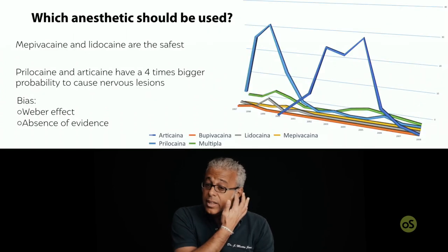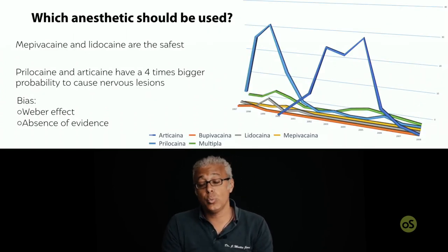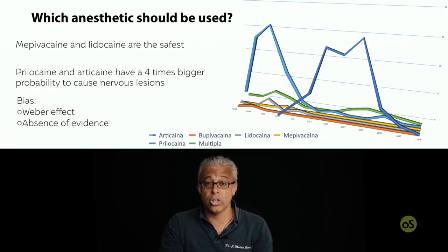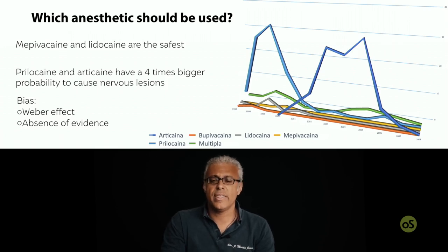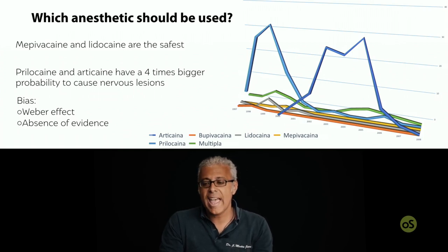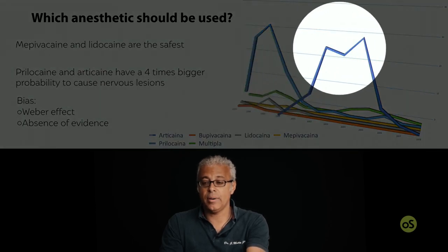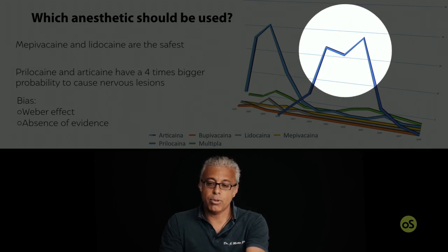What kind of anesthetic should we use? Well, the literature shows us that mepivacaine, carbocaine, and lidocaine are the safest molecules to reduce the problems of paresthesia and temporary damage of the nerve. And we see in this graph that articaine has a peak in creating problems using a full block anesthesia.